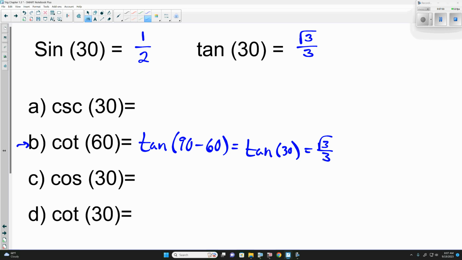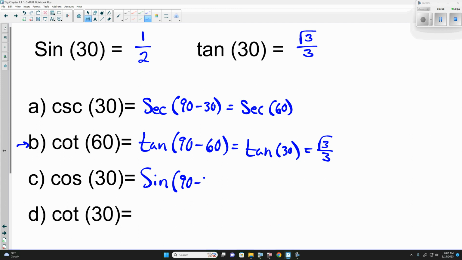Which means cosecant of 30 is the same as secant of 90 minus 30, which is our secant of 60 degrees. Cosine of 30 is the same as sine of 90 minus 30, or sine of 60.